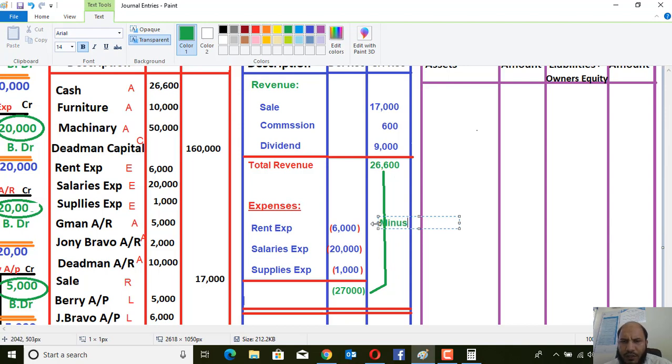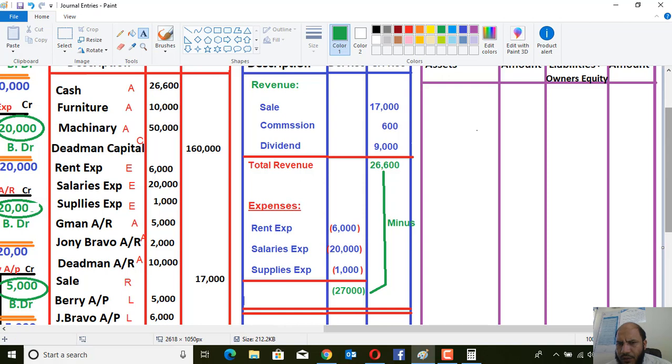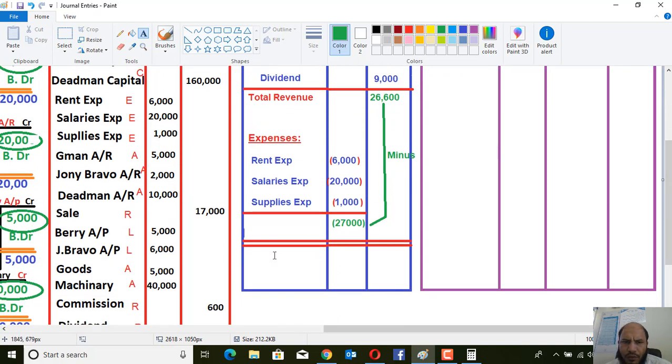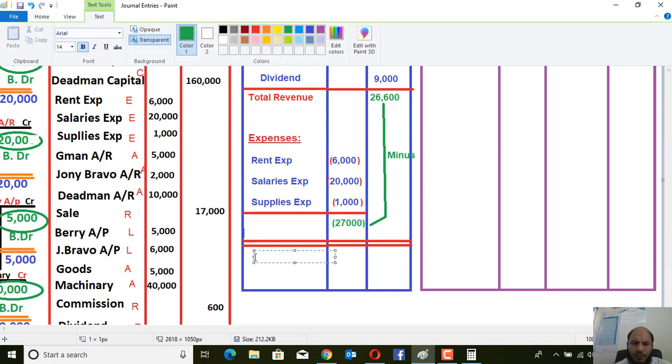What we will find is the net loss. So our net loss is equal to 400. So when it is a net loss, that's why we will put that into brackets.